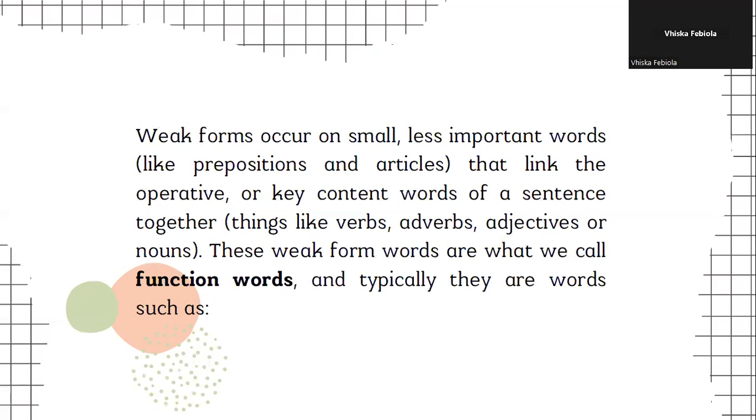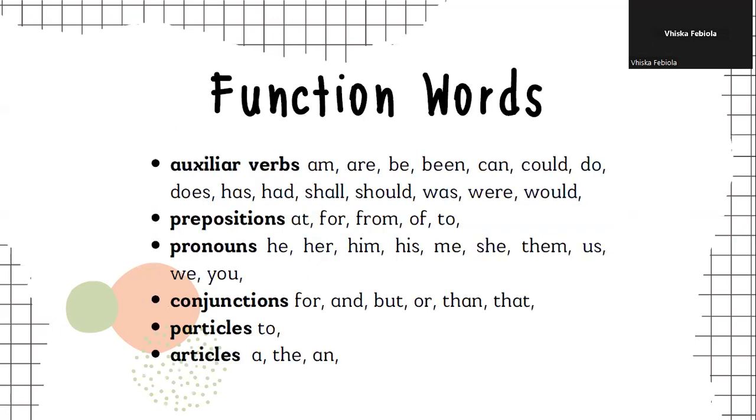These weak form words are what we call function words, and typically they are words such as, the first one, auxiliary verbs such as am, are, be, been, can, could, do, does, has, had, shall, should, was, were, and would. The second one is the prepositions such as at, for, from, of, and to.